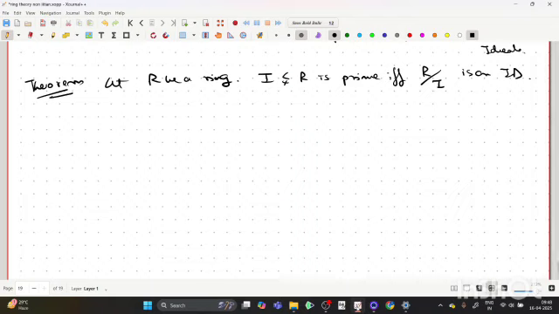So let's prove it, and the proof is quite simple. Let R mod I be an integral domain. What does this imply?